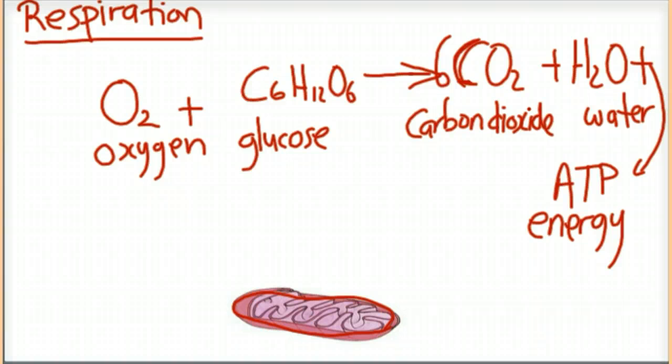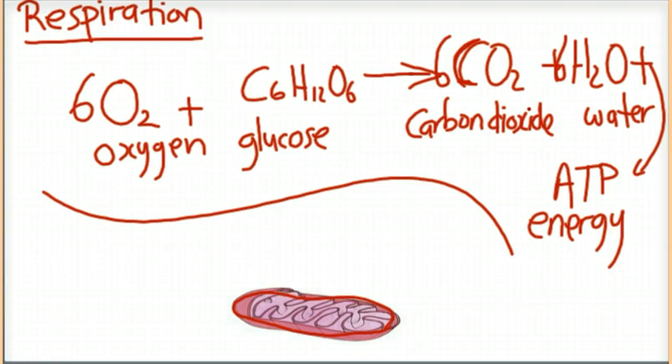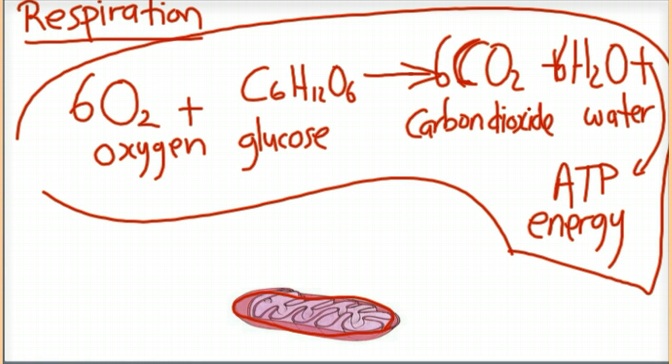We have only 2 here, so we add another 6 there, and then we have a 6 there. So this is the correct formula. We have 6 oxygen plus 1 molecule of glucose, which will give you 6 molecules of carbon dioxide and 6 molecules of water, and also ATP and energy. All of this reaction happens there in our mitochondria.